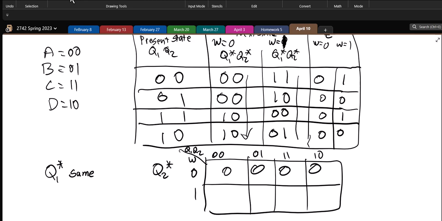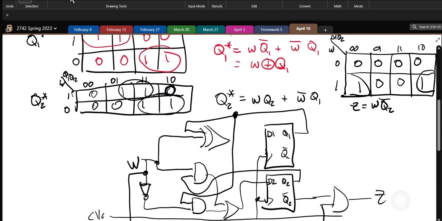And for W equals 1, that's right here, that's 1, 0, 0, 1. So that would be my group, and that would get me Q2 star equals W is 1, and Q2 is 0. I think that's different. Is that different? No, no. Oh, that's what Z was before.